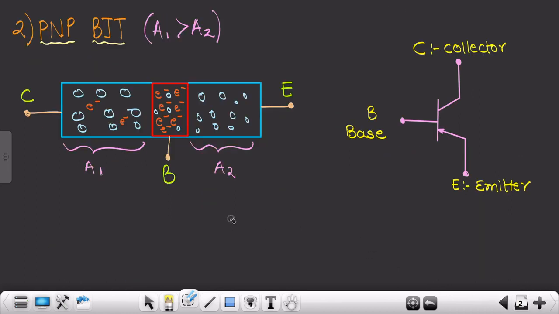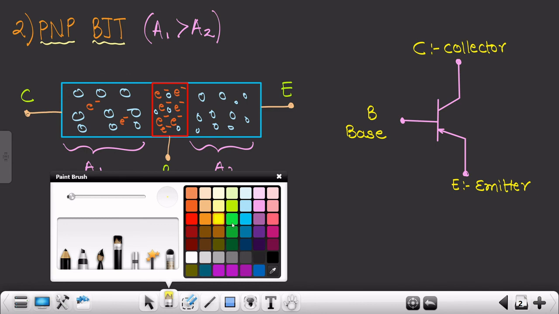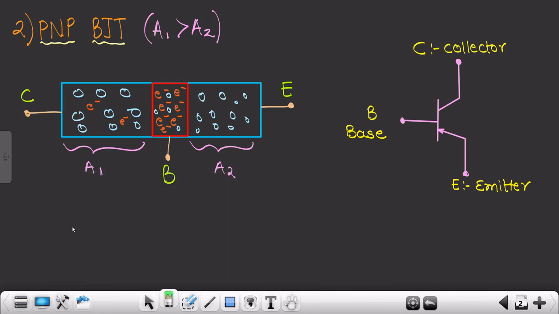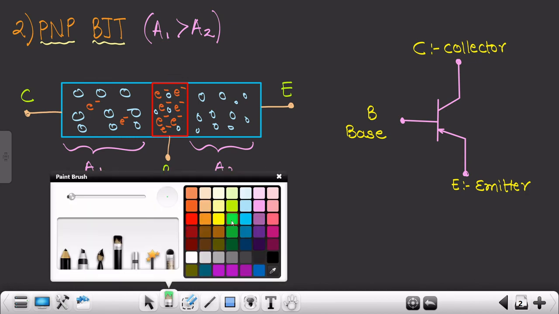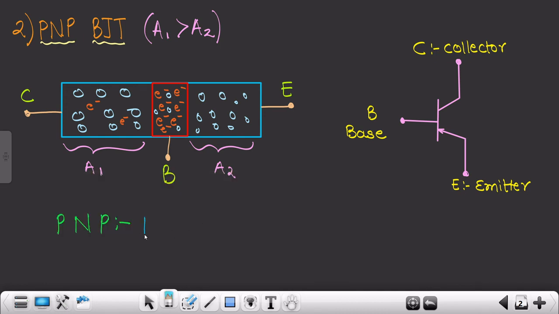Over here, as you can see, I will write P and P. So over here we have words for these two: PNP can also be known as pointing in, and as you can see the arrow is pointing towards the transistor, that means in inwards direction.